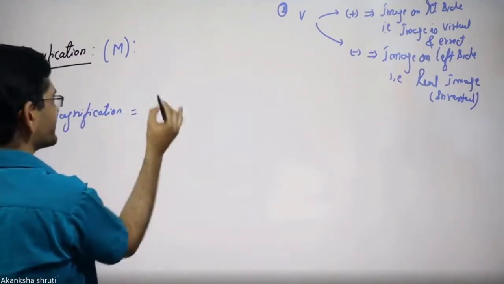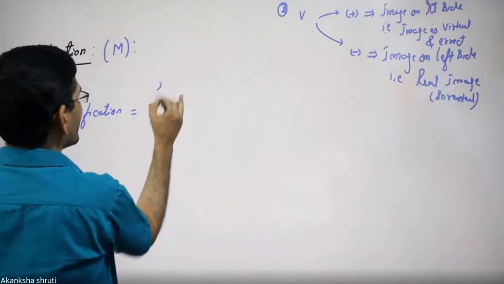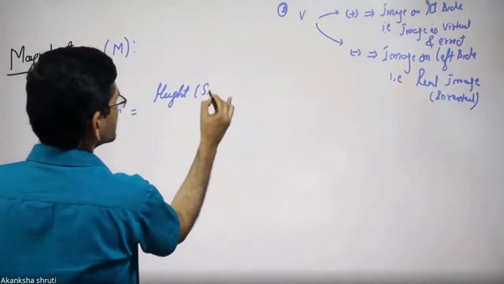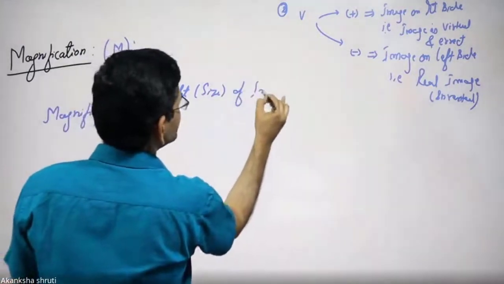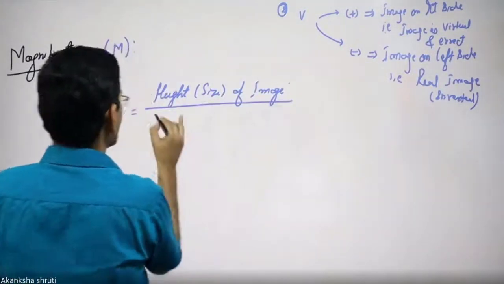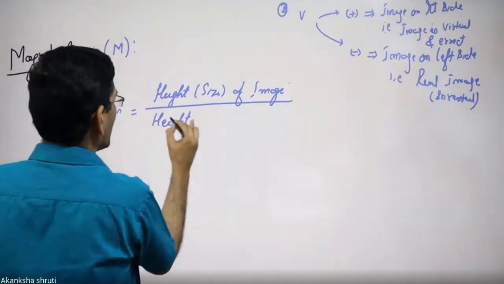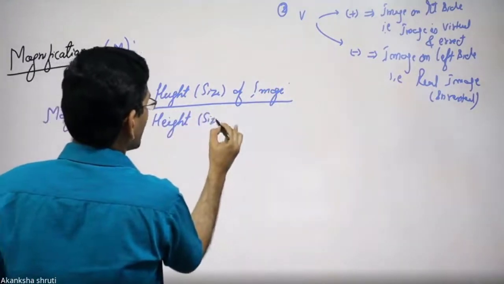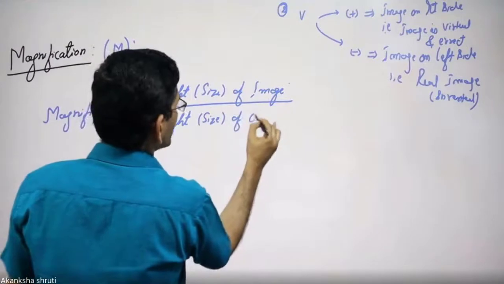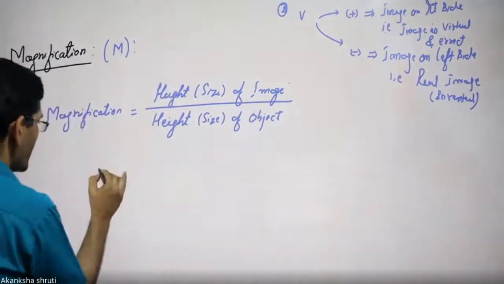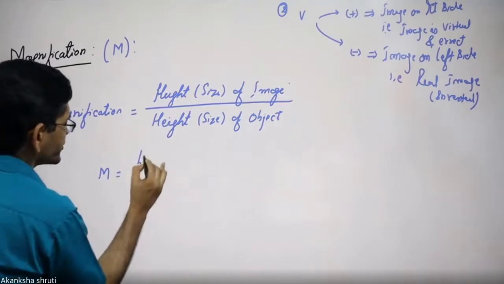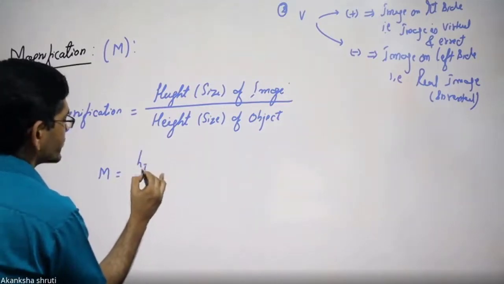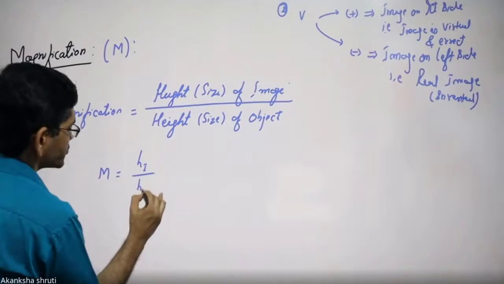Therefore, this magnification is given by the height or size, meaning the same thing, of the image to the height or size of the object. In symbol form, the magnification is given by h_i by h_o.